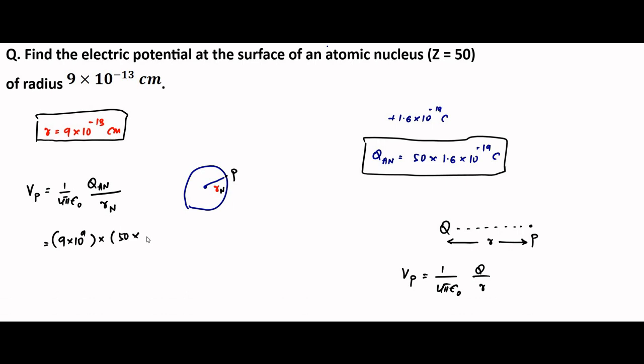This total charge is equal to 50 into 1.6 into 10 to the power minus 19 coulomb. Radius of the nucleus is 9 into 10 to the power minus 13 centimeters, so that is 10 to the power minus 15 meters, converting into MKS units. So the result that is coming is equal to 8 into 10 to the power 6 volt. That is the answer.